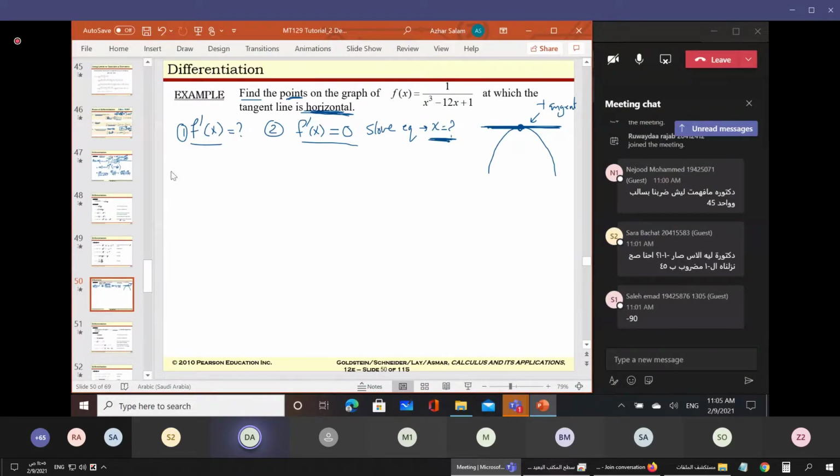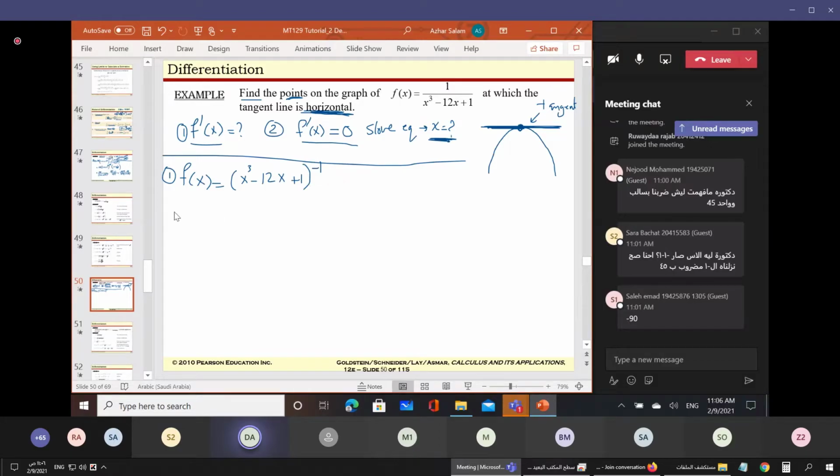So first, I will take the derivative. Now I will find f dash of x. I have here a rational function, 1 over x cubed minus 12x plus 1. I can rewrite this function. So first I will rewrite the function f of x equals x to the power 3 minus 12x plus 1, all to the power minus 1.